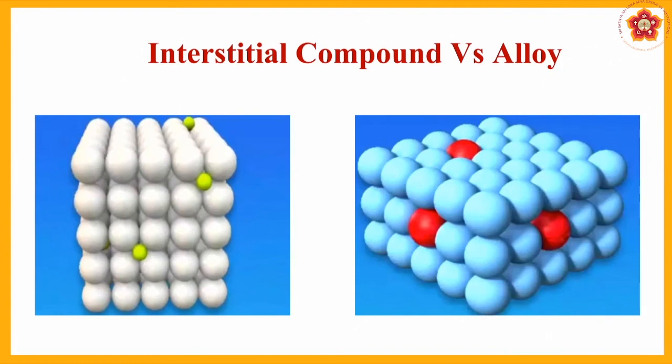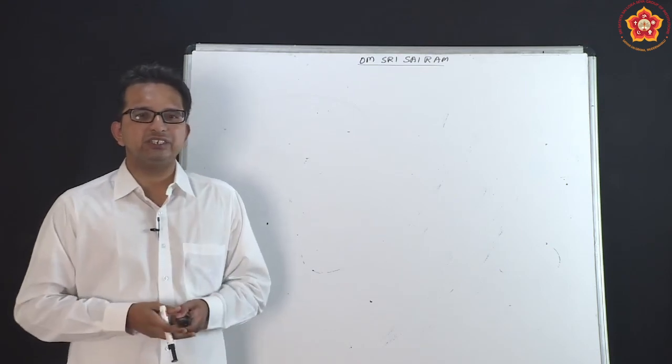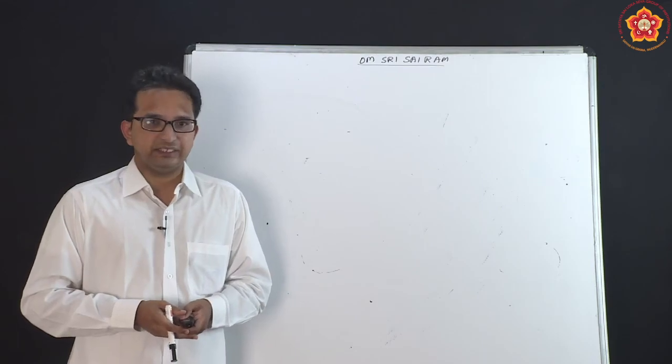Interstitial compounds have atoms, and in between the atoms they squeeze in those yellow things, which are nothing but carbon, nitrogen and other small atoms. Whereas in an alloy, it is the same atomic form where some blue balls are replaced by red balls, which means that one compound is homogeneously mixed into the other. So this is the difference between interstitial compounds and alloy formation.